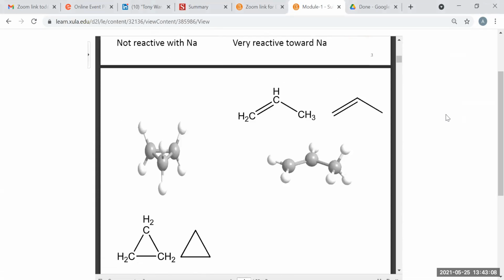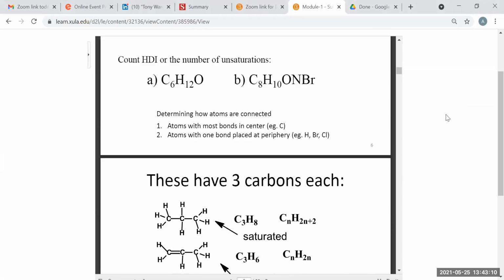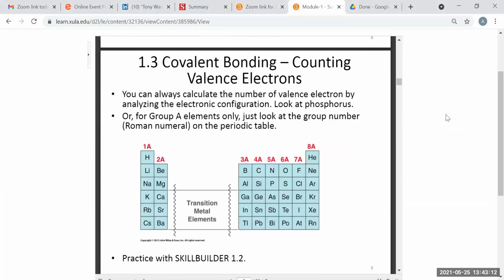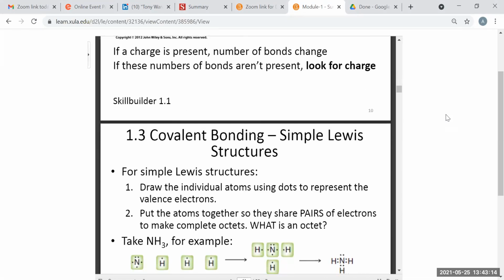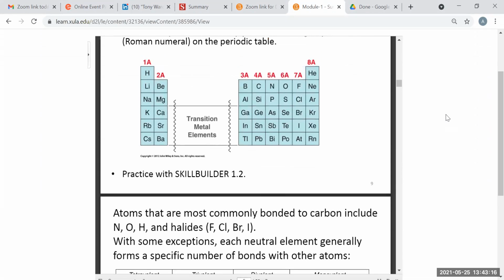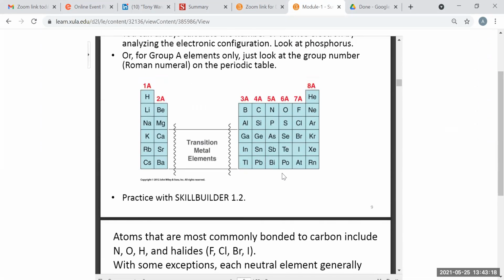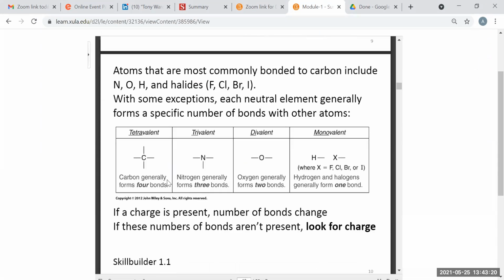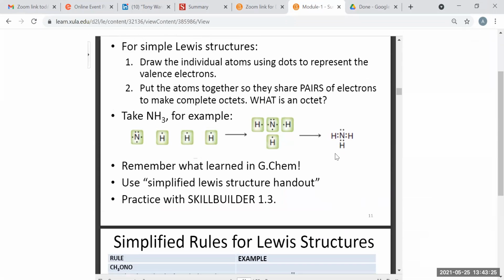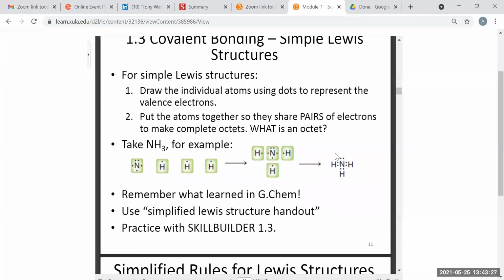Lewis structures. Don't worry, we will cover all of this eventually. We have covered the periodic table, and then how many bonds each of these will make. But what I wanted to show all of you were these Lewis structures.